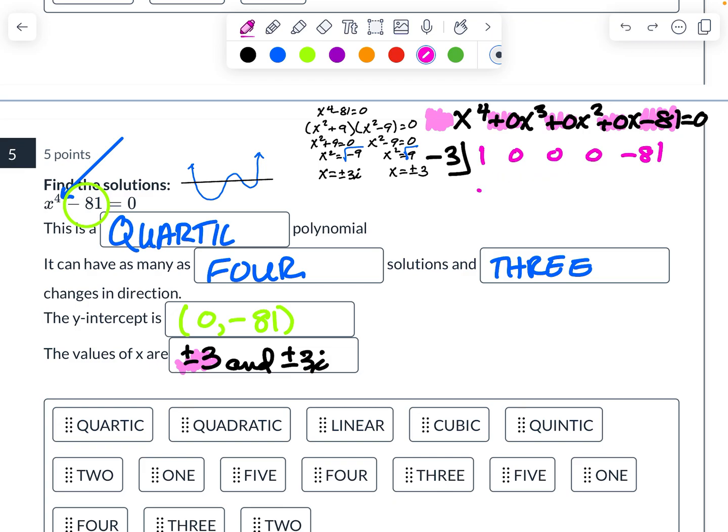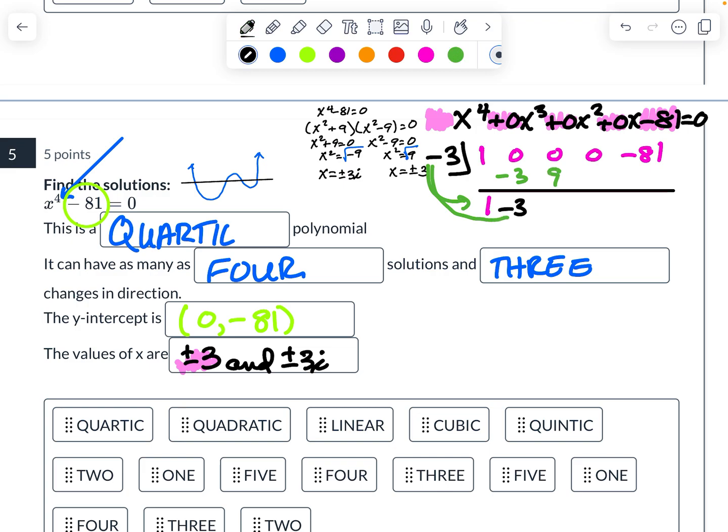leave a space, bring down the first number, and then do the multiplication. You're going to say negative 3 times 1 is negative 3. Add, you get negative 3. Negative 3 times negative 3 is 9.